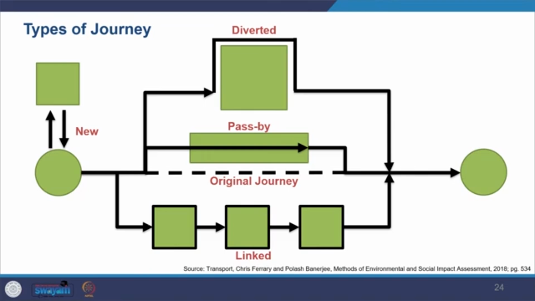So you need to understand the characteristics of how people are moving. Then you also have diverted trips. Diverted trips are similar to pass-by trips, but they involve a longer diversion. People move away from their scheduled travel pattern for a longer time, and they spend more time. That is what we call diverted trips.